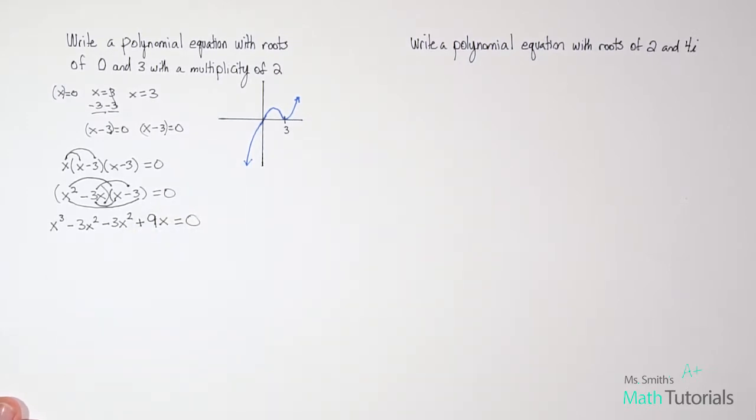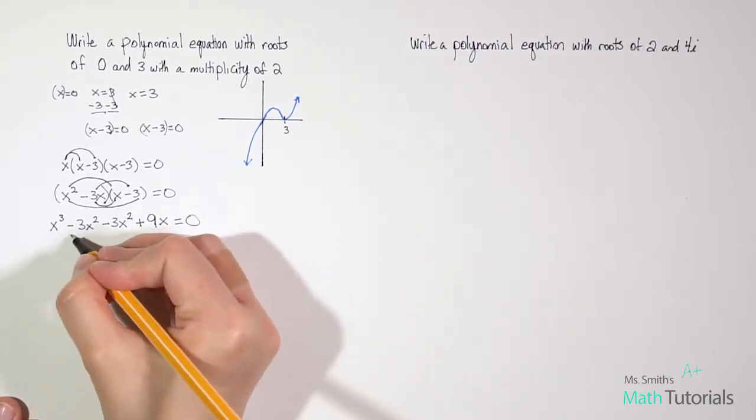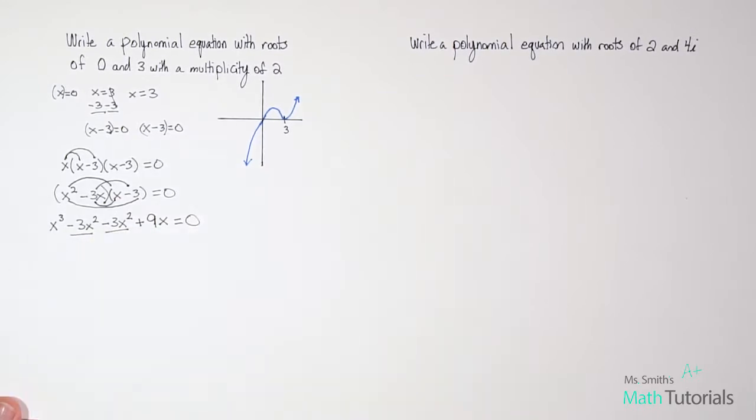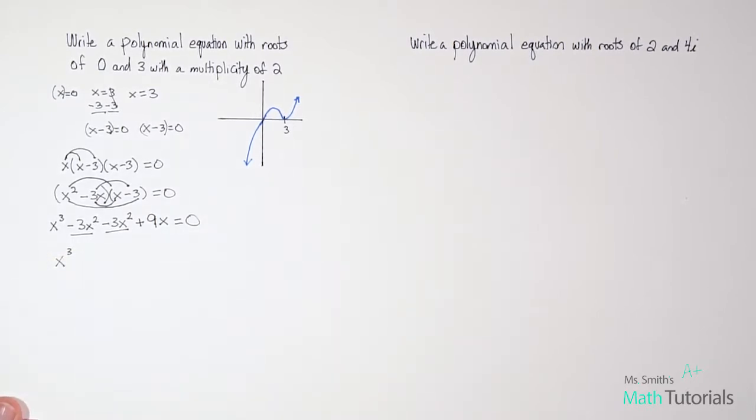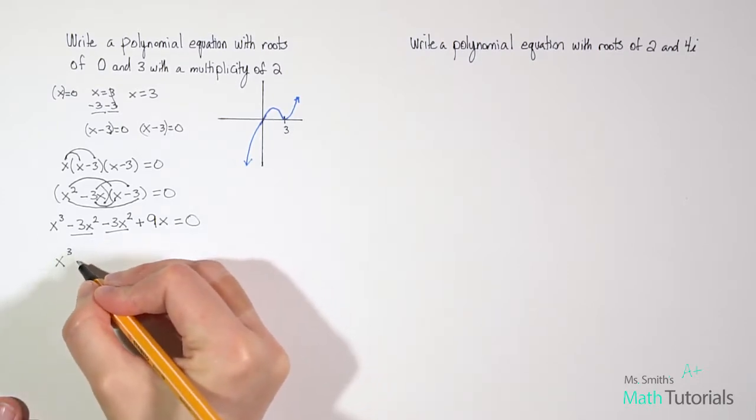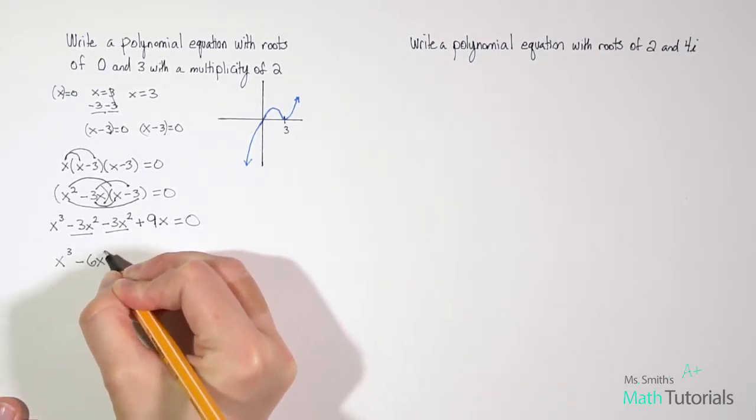We have some like terms here in the center, our x squared and our x squared right there. So let's go ahead and combine those. I definitely want to write my x cubed first because remember the highest exponent goes first in standard form. And then negative 3 minus 3, well that would give me negative 6x squared.